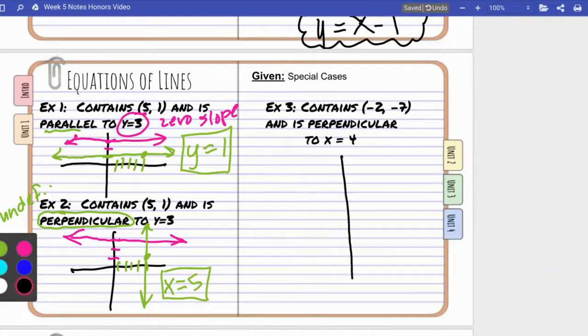Okay, now you try this one on your own. Okay, line goes through x equals 4. That means that this line is going to have an undefined slope, so it's going to go straight up and down like this. It needs to go through the point negative 2, negative 7.